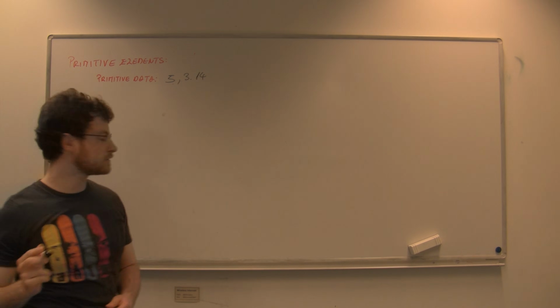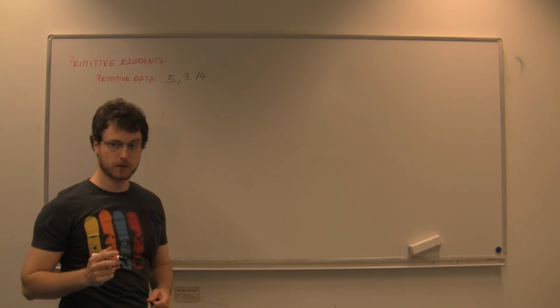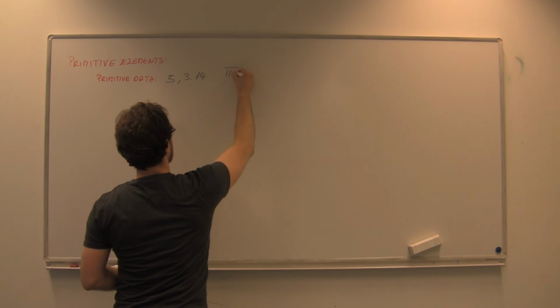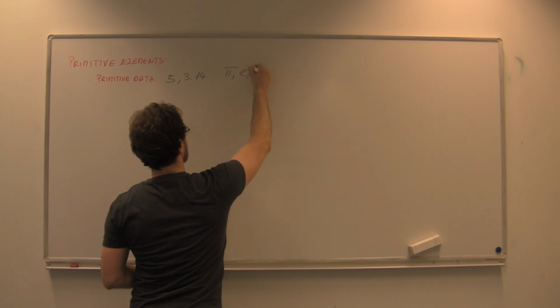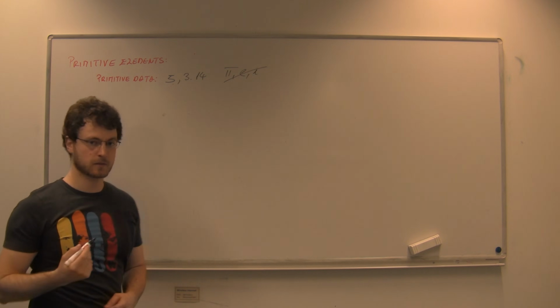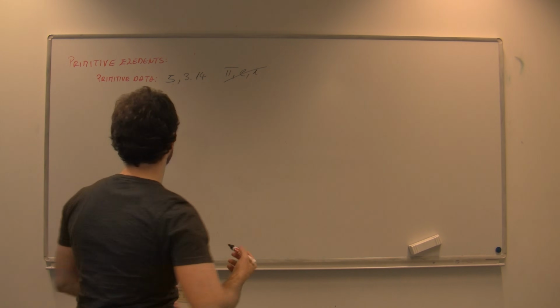But what I haven't mentioned is that irrational numbers like pi or e, or imaginary numbers like i, are not allowed in C++. We will later see why.